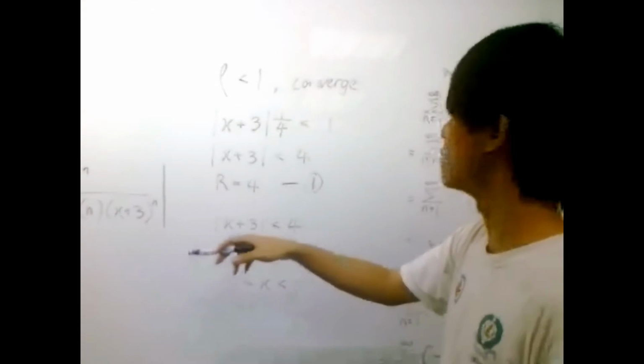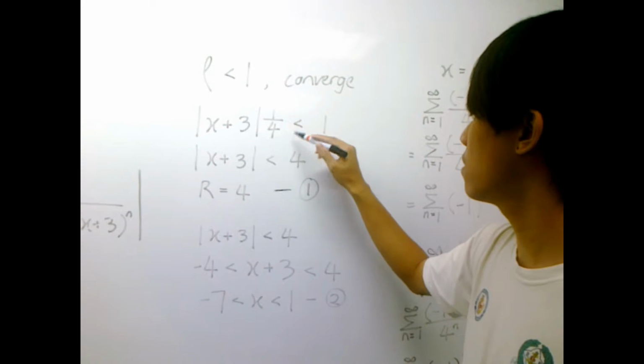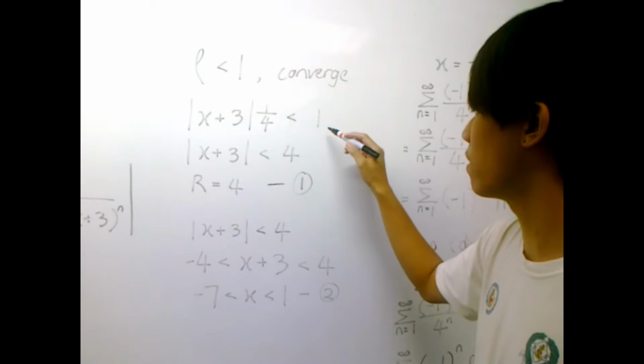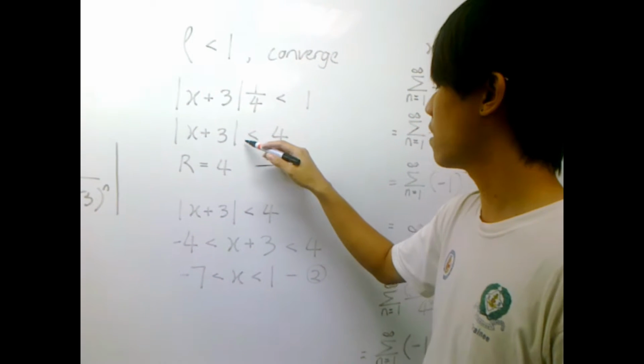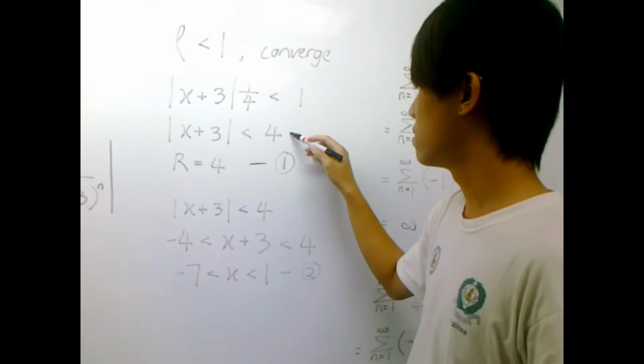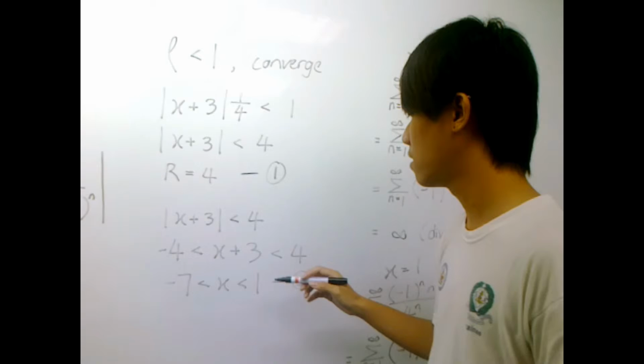So in order for it to converge, modulus x plus 3, times 1 over 4, has to be less than 1. And modulus x plus 3 has to be less than 4. And thus the radius of convergence is 4.